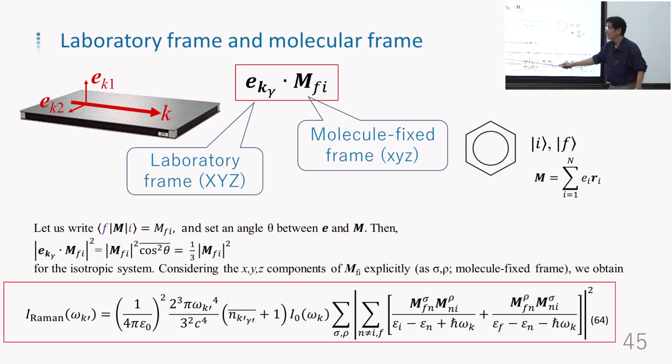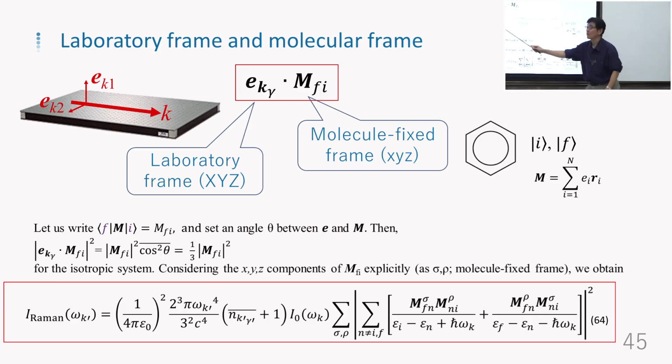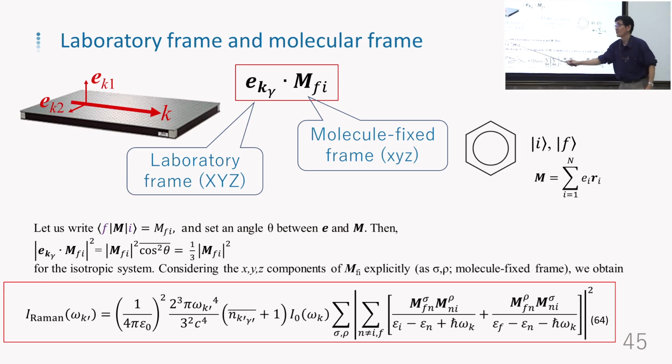Then 1/3 appears twice. And MFI that is defined in the molecular fixed frame is used as it is in the laboratory frame because it already takes account of the spatial averaging.